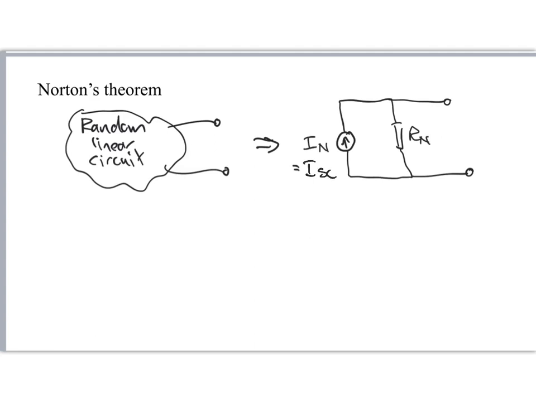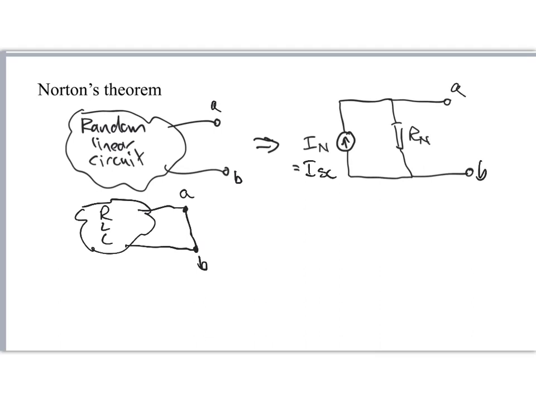So we've got our random linear circuit, and we short circuit those terminals. And that short circuit current, I short circuit, is equal to the Norton equivalent current source.